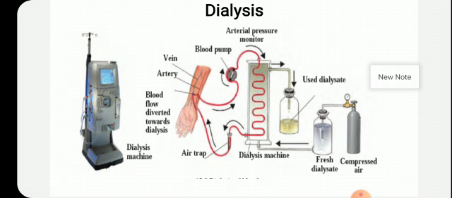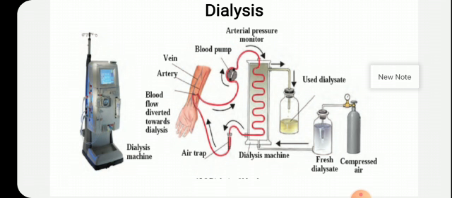Okay. Here the 500 ml of blood moves through by using the fresh dialysate, and this machine is called a dialysis machine, and then the blood gets filtered, and that filtered blood is passed on to the vein. You know that through the vein blood moves inside our body. In this way the dialysis process occurs.